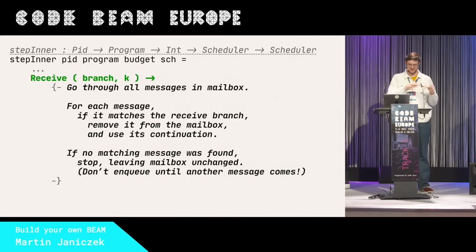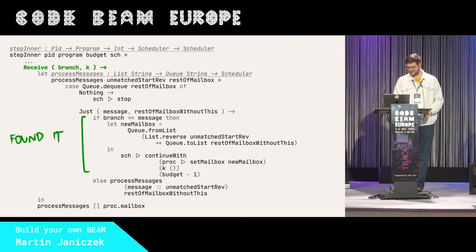If one of them matches, you remove it from the mailbox and you use the continuation and go on with the rest of the program. If none of them match, you leave the mailbox as it was, so all messages are still in there, and you go to sleep, right? You don't enqueue again. So that's what this does. You will have to believe me, I don't have too much time to talk about it. It is what it does.